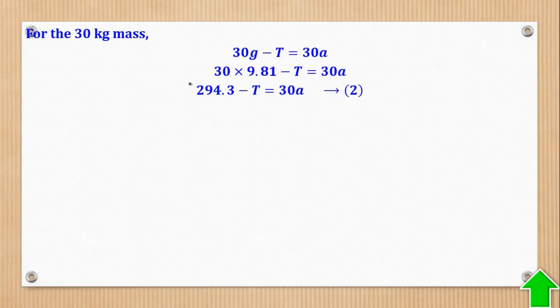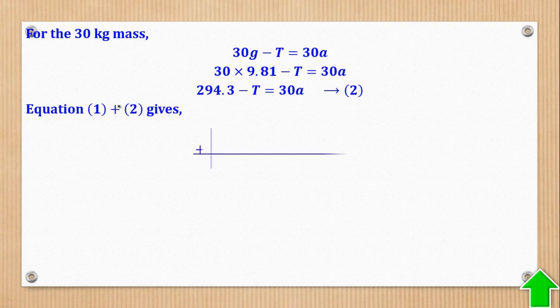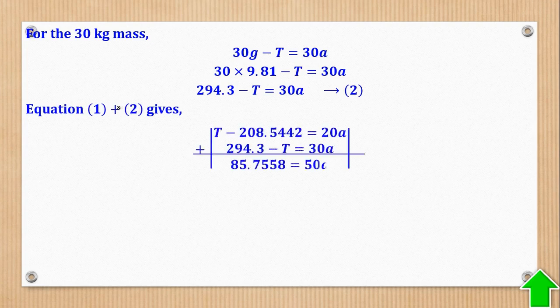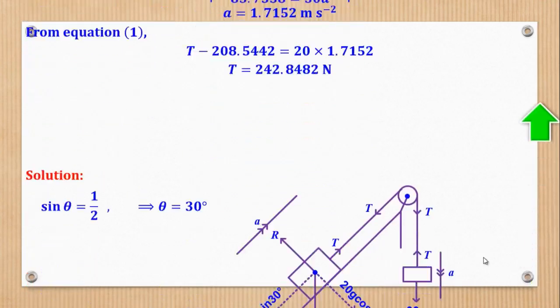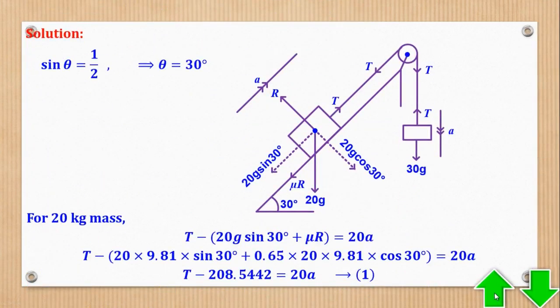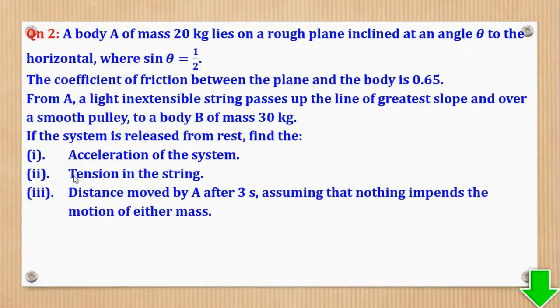So 2 equations, 2 unknowns. Solve simultaneously. Equation 1 plus equation 2 will give us that, and make a the subject to give you the acceleration. Then from equation 1, we can get the value of T. That is Roman 2.